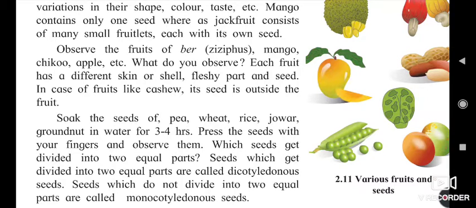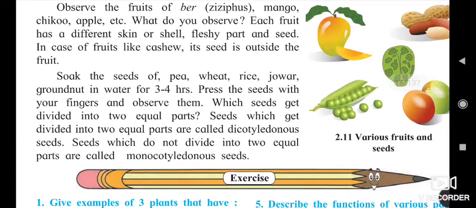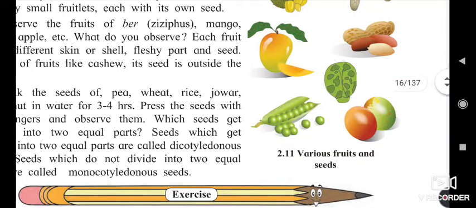Seeds which get divided into two equal parts are called dicotyledonous seeds, and the seeds that do not divide into two equal parts are called monocotyledonous.